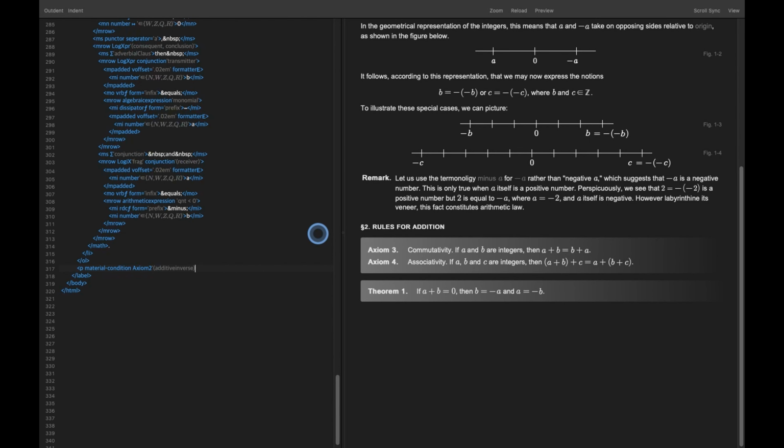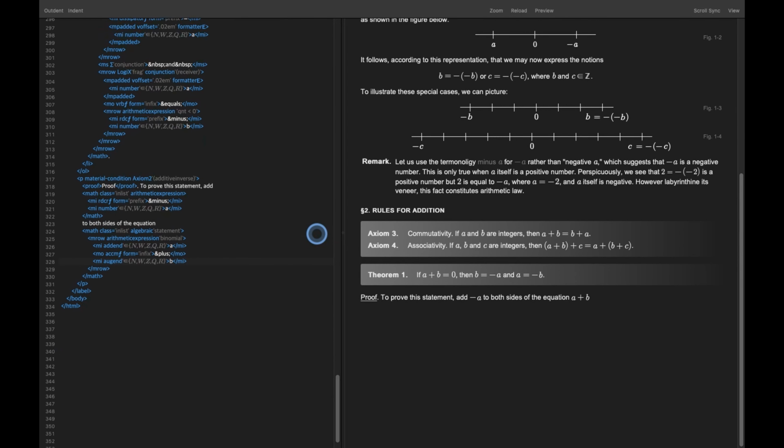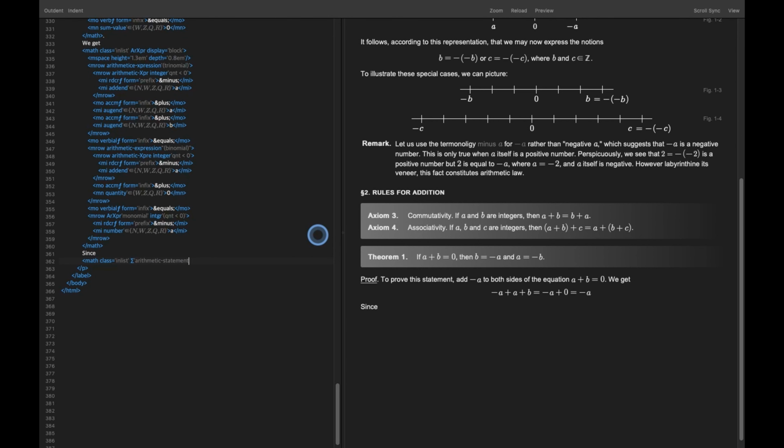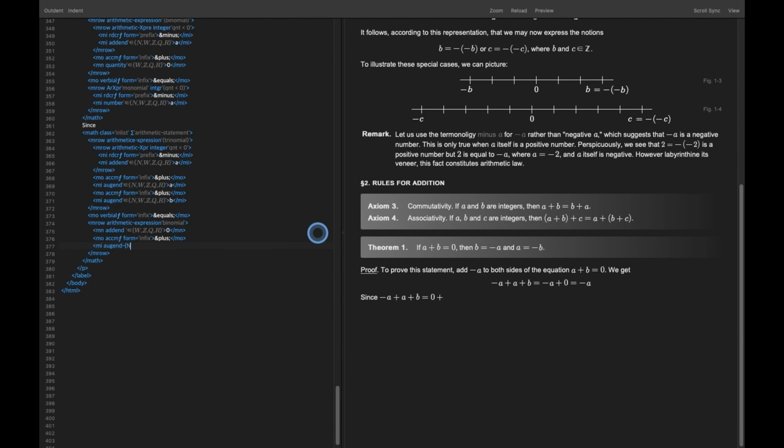To prove this statement, we simply add minus a to both sides of the equation a plus b equals 0. We get the following statement. And since, by the rules of arithmetic, minus a plus b equals 0 plus b, which equals b, by inference we find that b equals minus a.